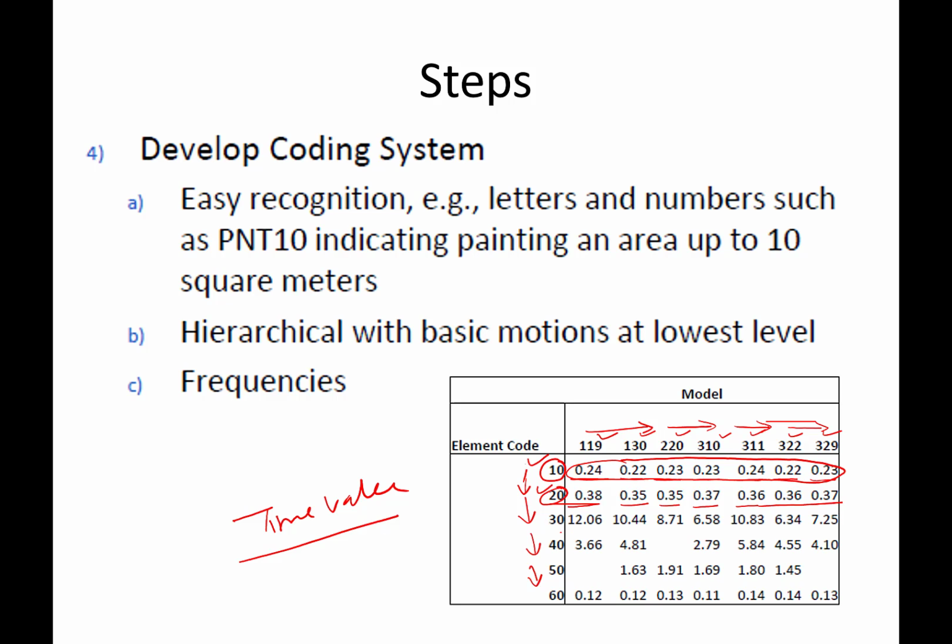Similarly for this, here you can see some kind of change. Earlier for 119 it takes 12, then 10, then 8, then 6, then 10, then 6, then 7. There is at least some kind of trend. Then here 40, some kind of trend.